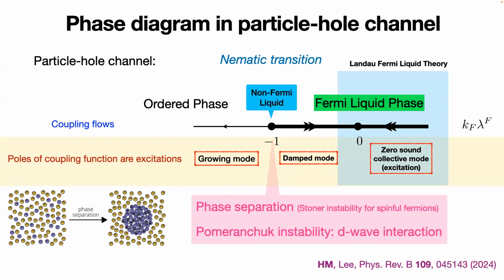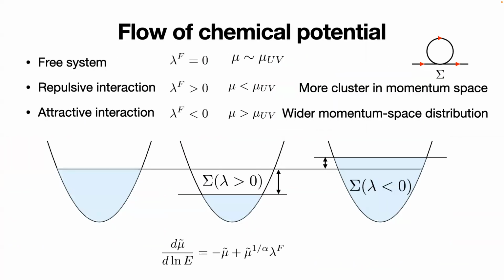So far we have studied the RG of interaction to have this picture of Fermi liquid instability. And then we can consider the RG flow of chemical potential. So the interaction would also shift the chemical potential.